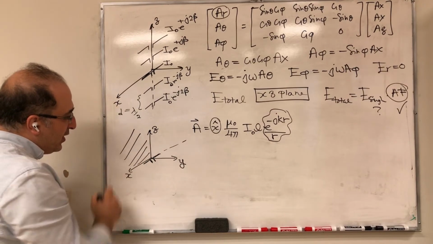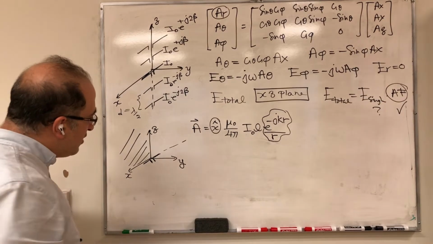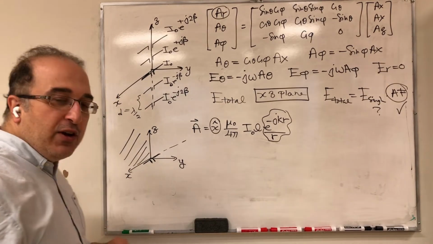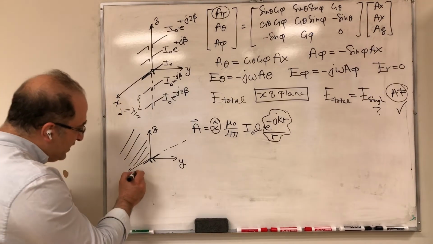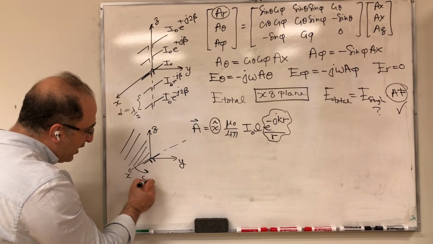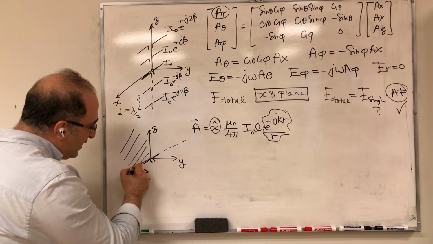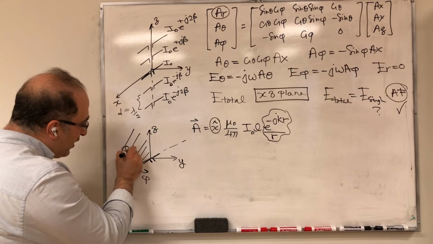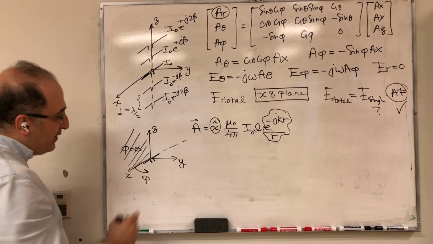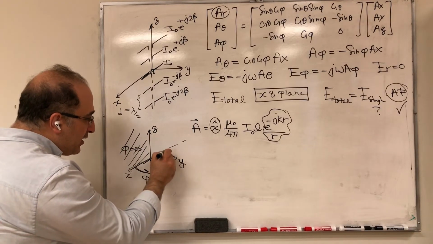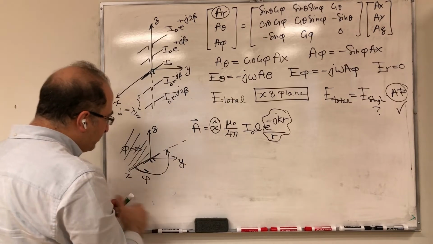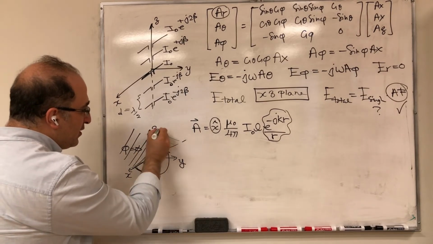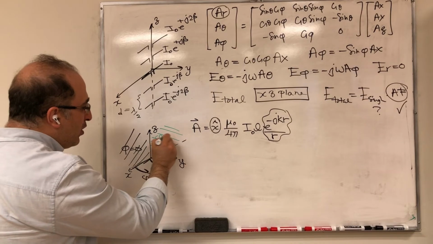This side. Now, what is the definition of the XZ plane here in the spherical coordinate? Remember, this angle is phi. So when you are on the XZ plane like that, here phi is 0. And then if you go on this side of the XZ plane, here phi is equal to 180.